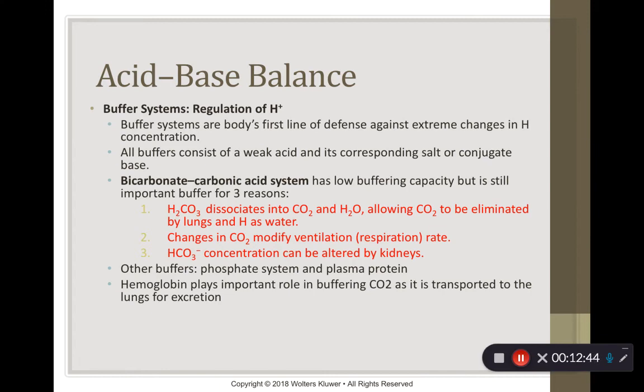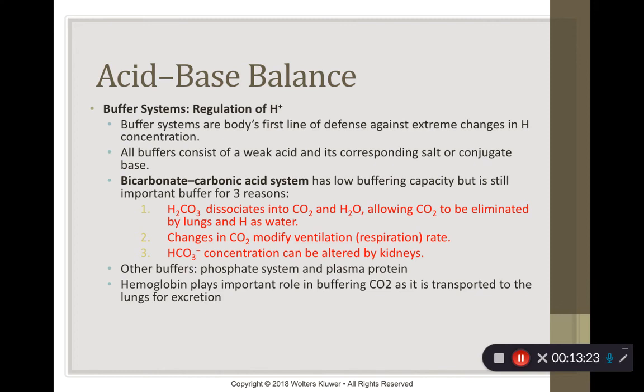There is a particular reaction that goes on in the body. You have the CO2, the carbon dioxide, plus the water, which will lead to carbonic acid and hydrogen ions and bicarbonate. So basically, cell metabolism produces carbon dioxide. Carbon dioxide then diffuses into the blood. It then reacts with H2O or water to form carbonic acid, which is H2CO3.